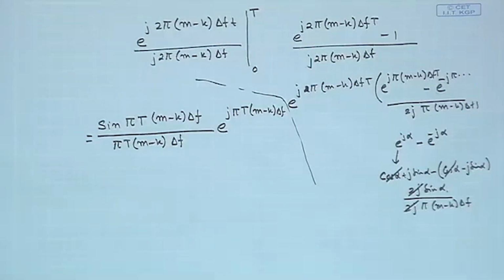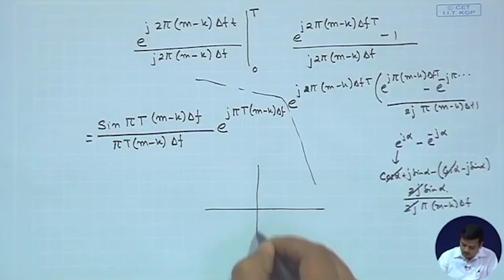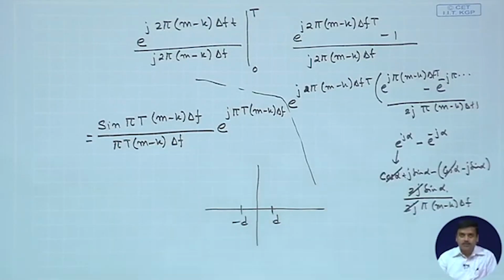Now, if we are selecting binary PAM, that means we are selecting between two amplitude levels, or you could also take on-off keying, that is presence or absence. So, a binary PAM would have only one dimension. That means, if you would recall the constellation, there is a D and there is a minus D, right.